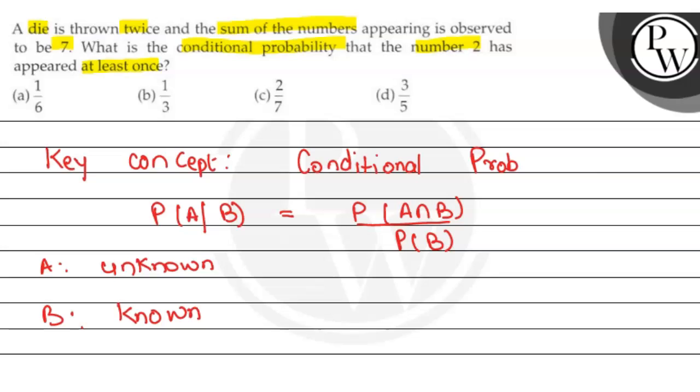So probability of A given B means what will be the probability of A when we already know B, or B has already happened.